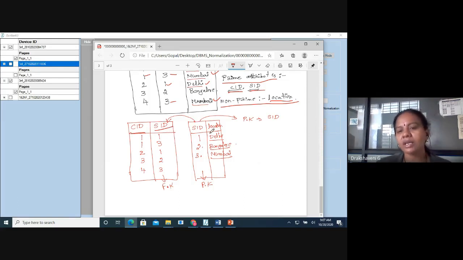Then you can see Delhi is not repeated. Bangalore is not repeated. Mumbai is also one time, and stores are also one time in this table. Here it is a foreign key, it is referred. So this table is in the second normal form. This table is in 2NF.